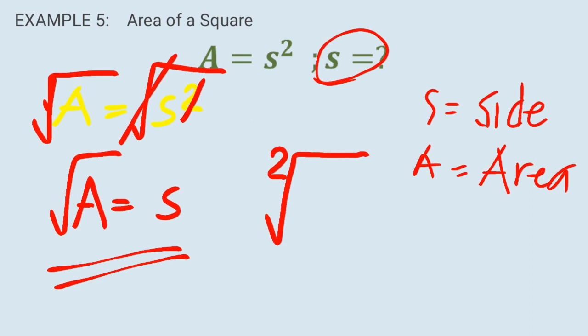That's why we cancel it out. For this one, it is read as cube root. But since we're dealing with the area of a square, we're not using that one. Okay, I hope you're still following. Okay, let's have another example.